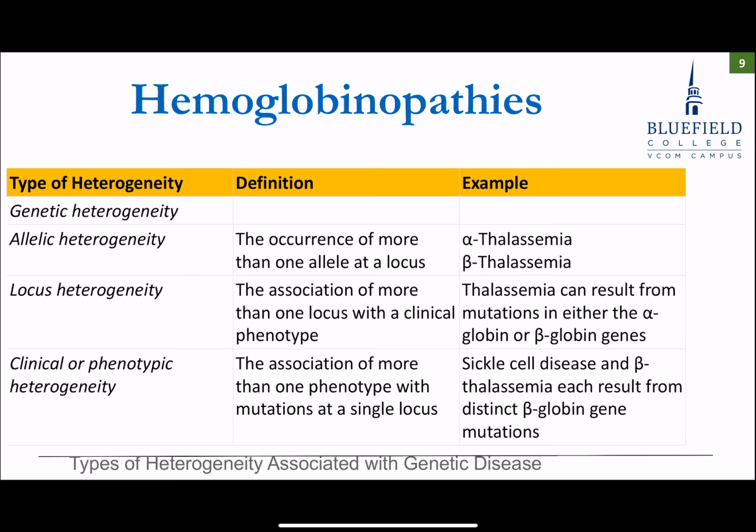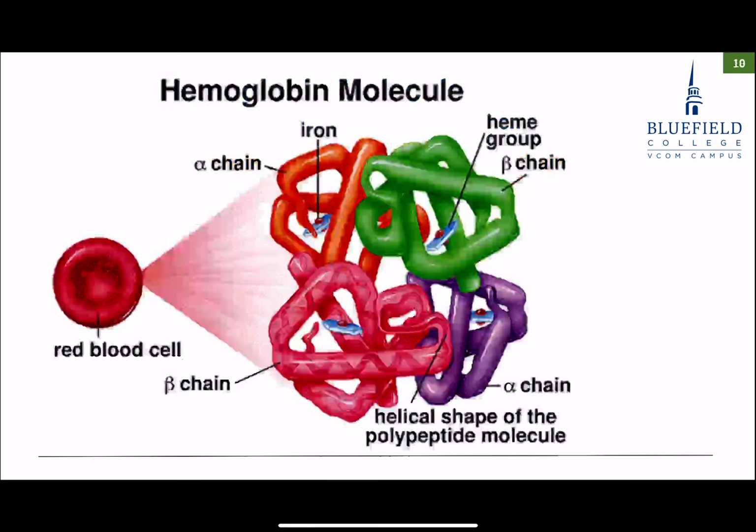So this structure is very well conserved through evolution, and this interaction between these monomers is known as tertiary structure, and like I said, this tertiary structure is critical for the function here. So any mutations that disrupt this structure will have some pathological effects.